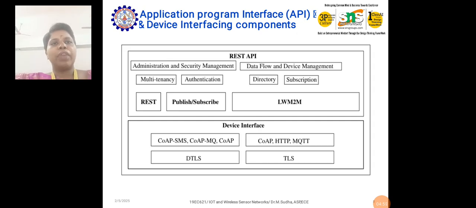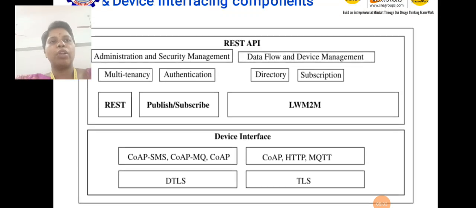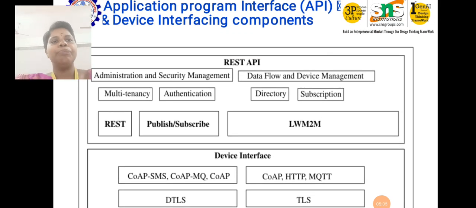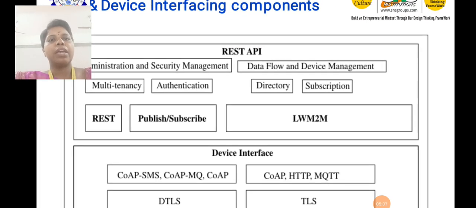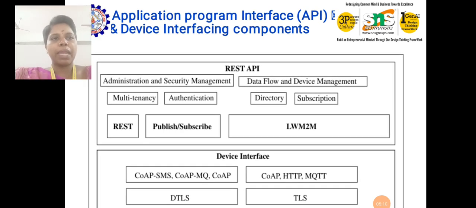The next slide: application program interface and device interfacing components. Just see the block diagram and how it is represented. Here it is REST API. It has administration and security management, and also the blocks of data flow and device management. And we have authentication as well as directory and subscription modules also.